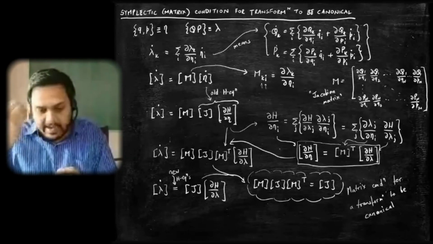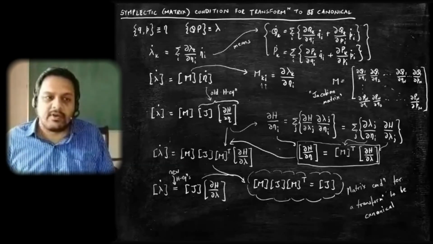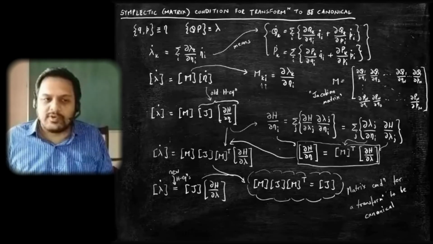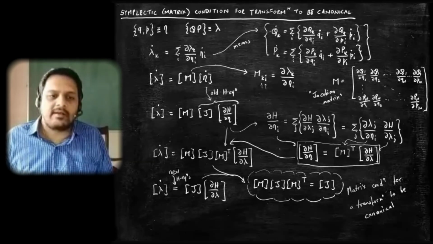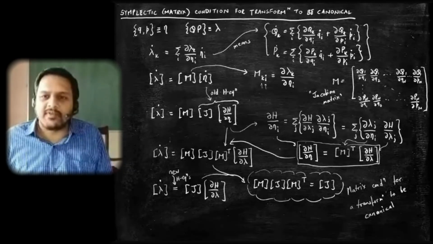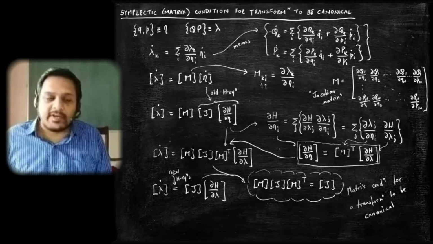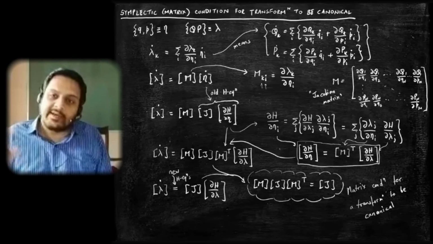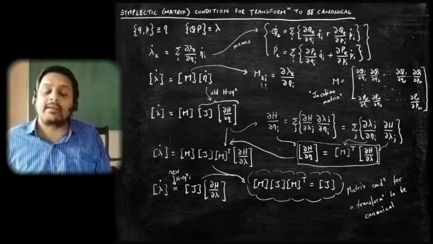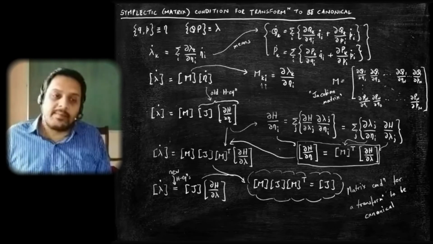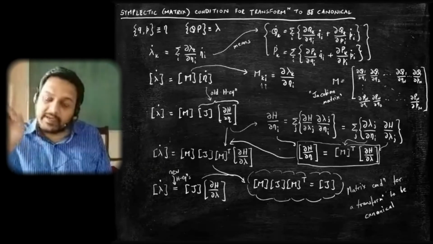For example, I can always say capital P is equal to sine of small p, small q is equal to sine of capital Q and small p is cos of capital P. These are two functions. Nothing prevents me from saying that. But these two functions will give me a new Hamiltonian in terms of capital Q and capital P. Whether that new Hamiltonian with the new variables will satisfy Hamilton's equation is a big question mark.